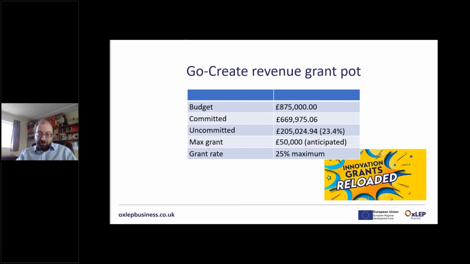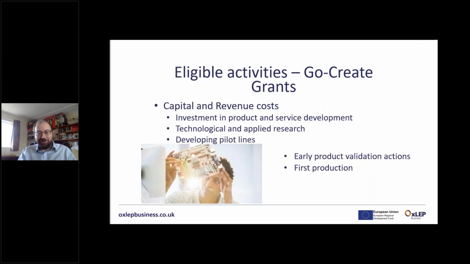Previously ISFP grants were running at 25% grant and 75% match. They are now running at 40% grant and 60% match. We've been able to do that because we've been able to redeploy elements of underspend from elsewhere in the program. Next slide, please. Thank you very much.